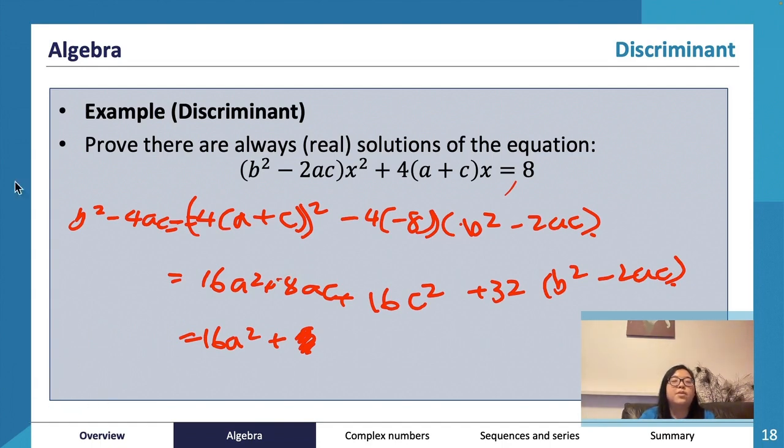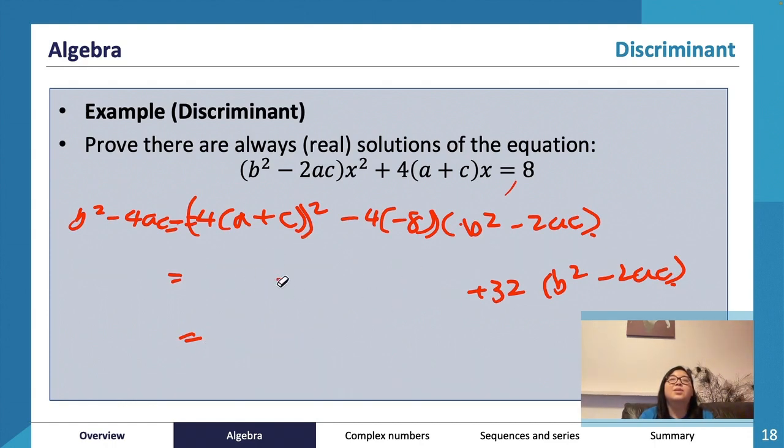I think I only multiplied half of it by 16. Whoopsies. So let's just make the 16 on the outside and then multiply it in, rather than doing that: 16a squared plus 2ac plus c squared, plus 32, all of that.